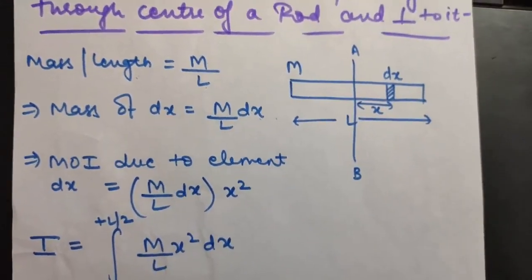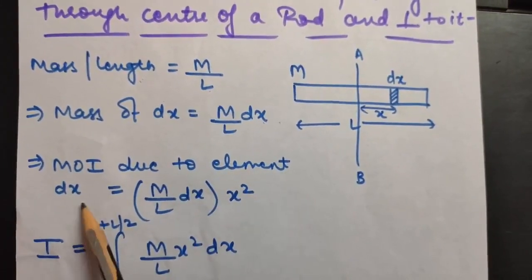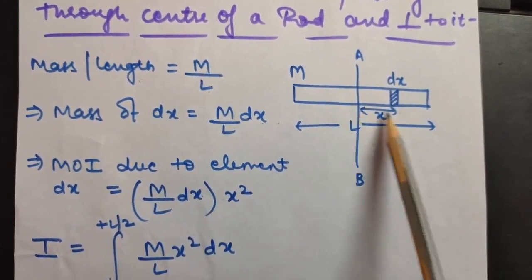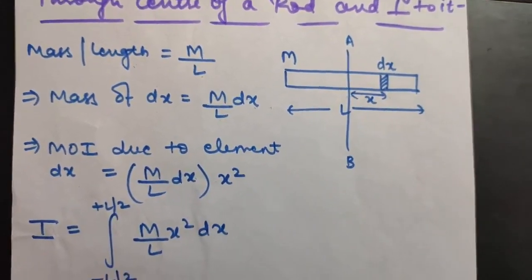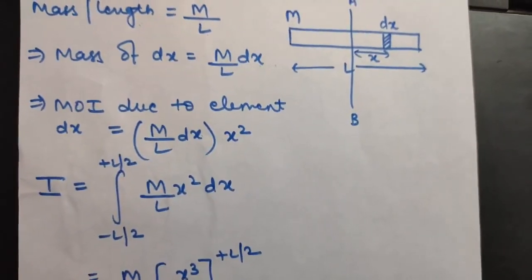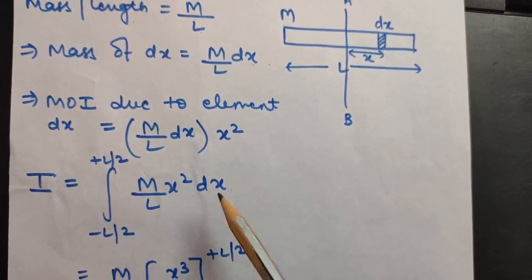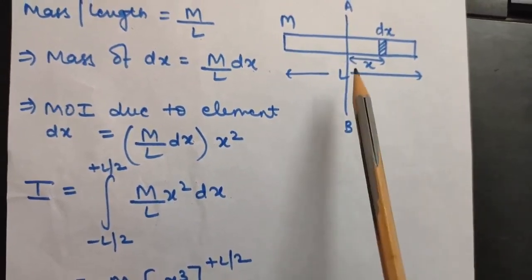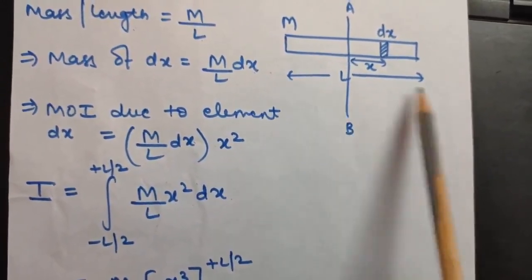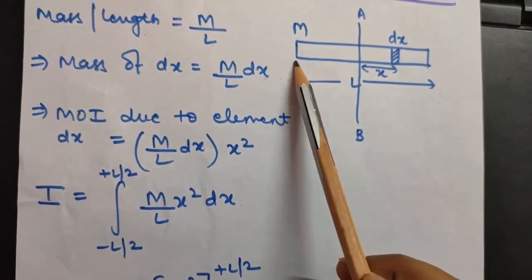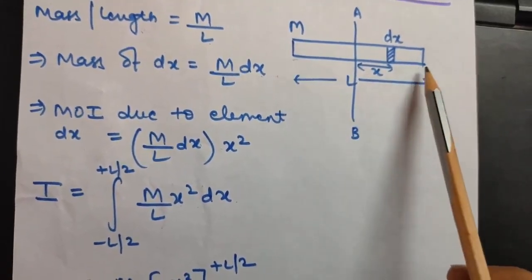Okay, so now the moment of inertia due to this element will be the mass of this element, m by L dx, into x square. Okay, now to calculate the total moment of inertia, again we will be integrating this, that is the integration of m by L x square dx. Now what will be the limit? See, the rod has a length L. So if we are considering this to be the origin, this will be minus L by 2 and this will be plus L by 2.